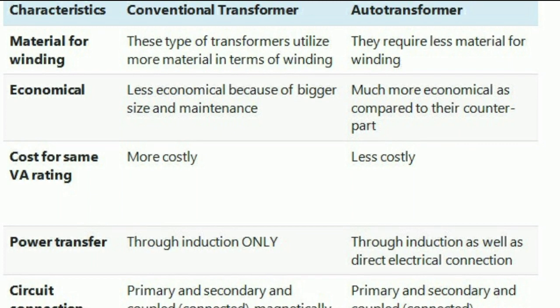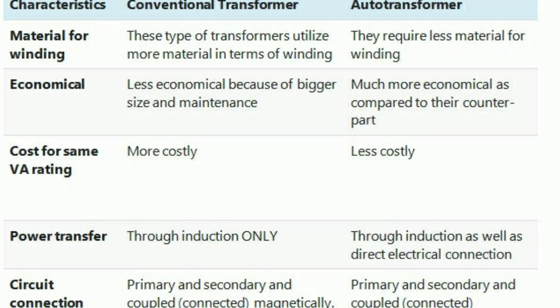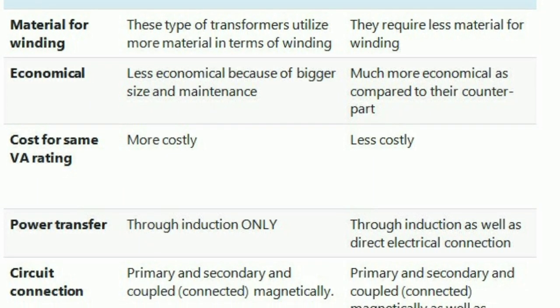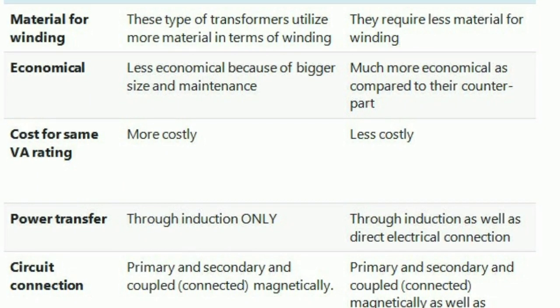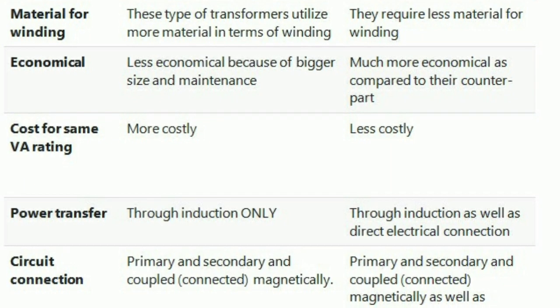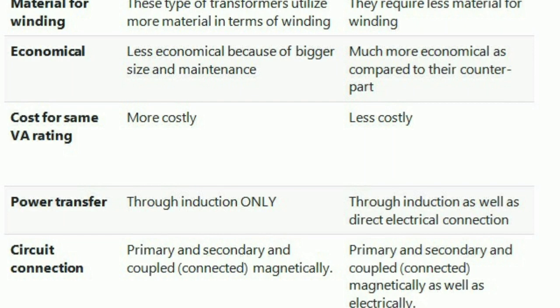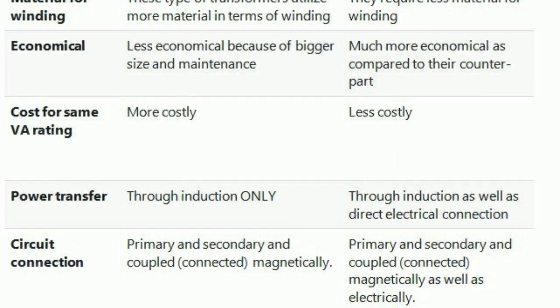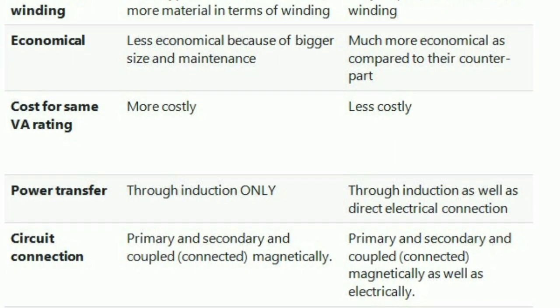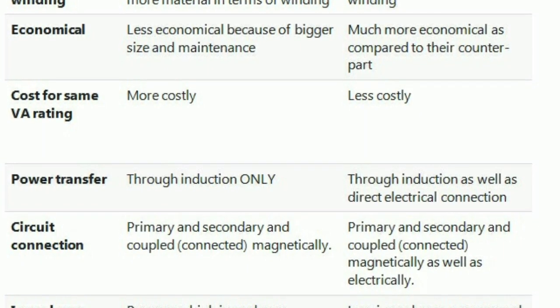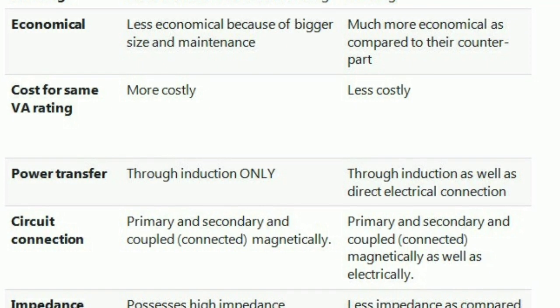From the economical point of view, a two winding transformer is less economical as it is bigger in size and very costlier, whereas an auto transformer is more economical because it is cheaper and occupies less space. And for the cost of the same VA rating, two winding is more costly than the auto transformer. And coming to power transfer, two winding transfers only through the induction principle, whereas in an auto transformer it is through induction as well as direct electrical connection.